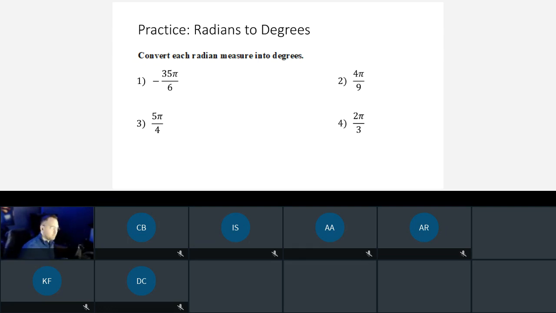All right, so the pis cancel out. So what is negative 35 over 6 times 180?